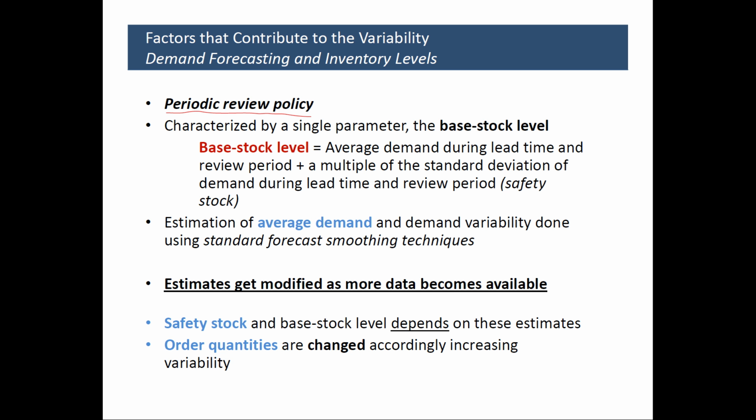So not continuously do we know how much is drawn out of the warehouse to satisfy the customer demand, but we just look and make an inventory from time to time.